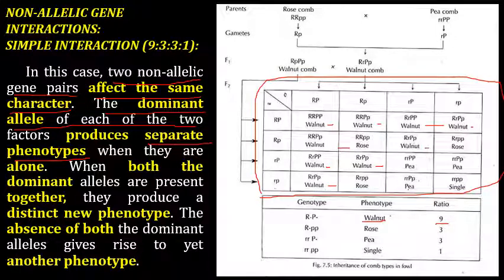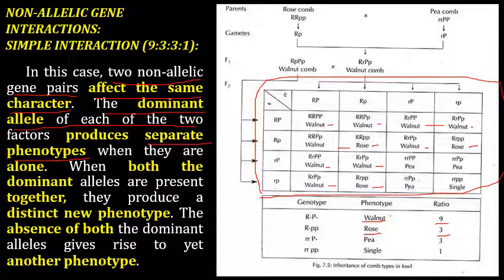Then the parent type of combs having genotype capital R small p, that is rose, are 3: 1, 2 and 3.